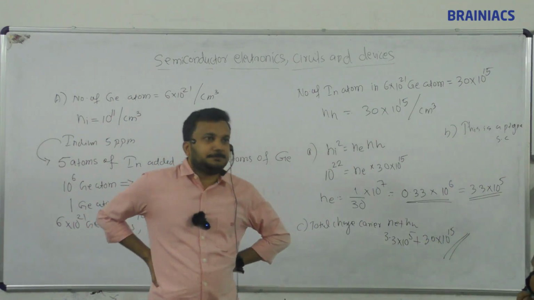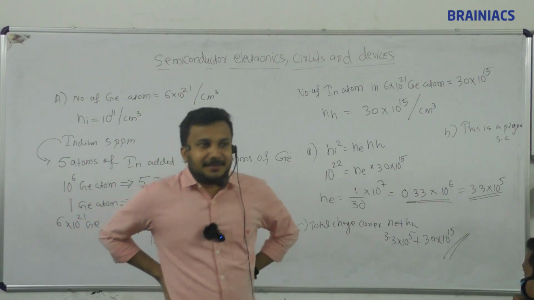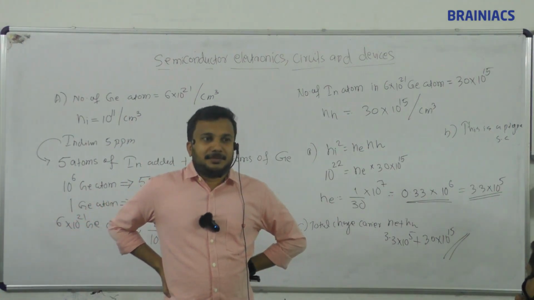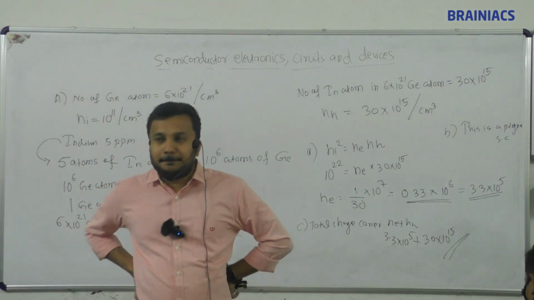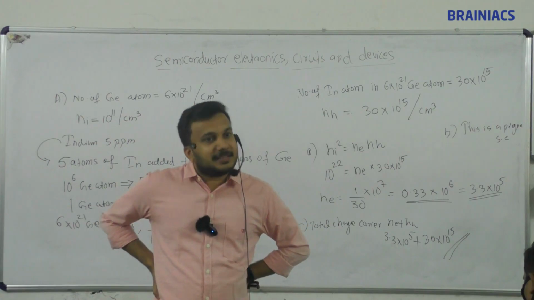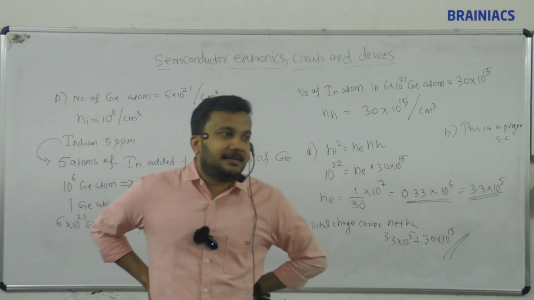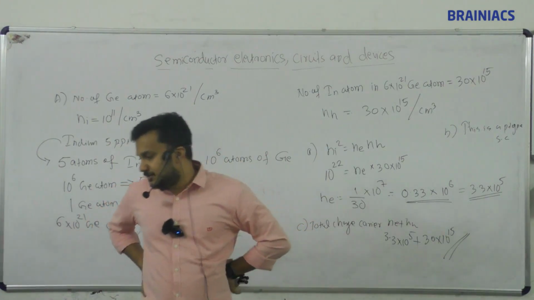Concentration of electron in the crystal is how much? 7 into 10 power 15. That is called what? Ni means intrinsic concentration. Electron hole pair concentration is called intrinsic concentration. So Ni equal to, how much is the value?